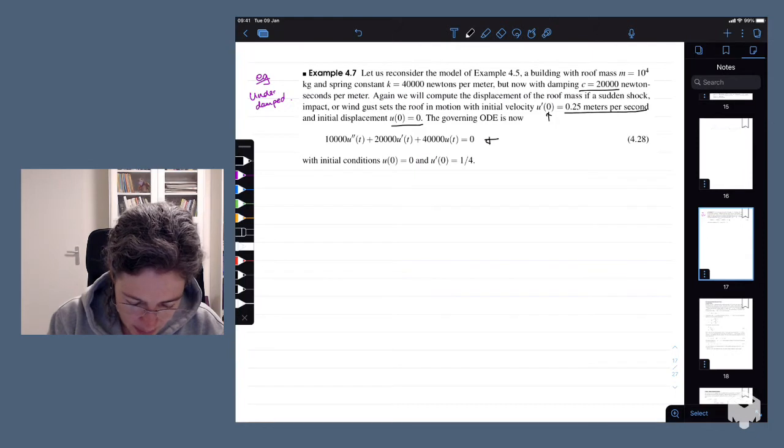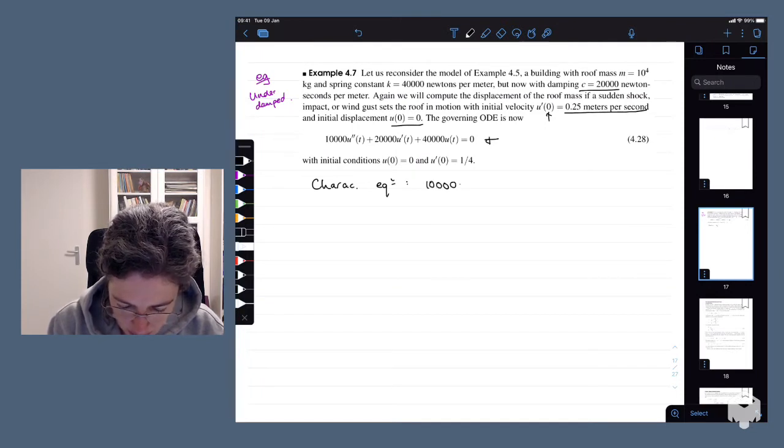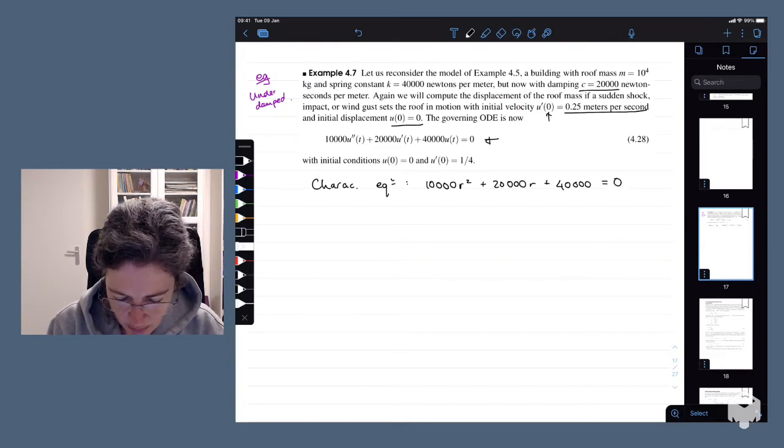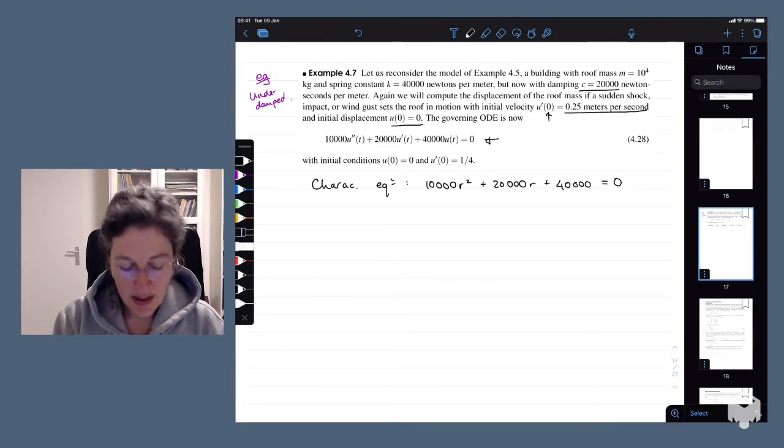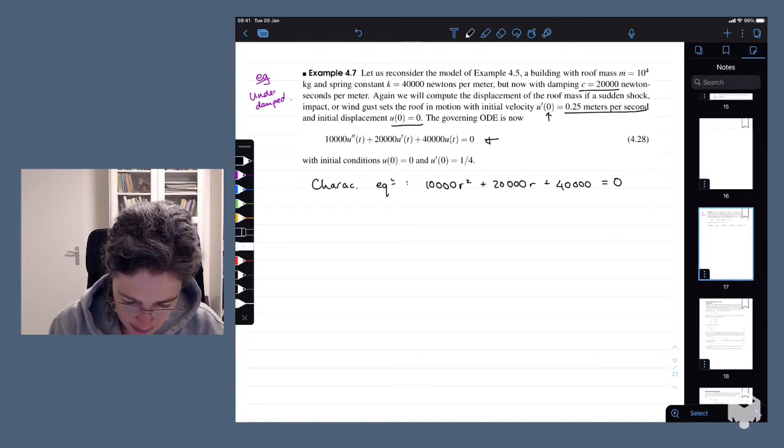What do we get? Well, remember our characteristic equation here is going to be 10,000 r squared plus 20,000 r plus 40,000 is equal to 0. And you can go straight ahead and find the roots of that.